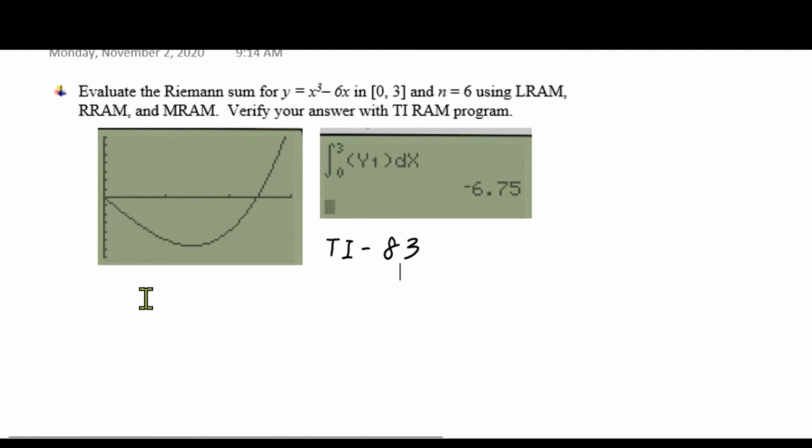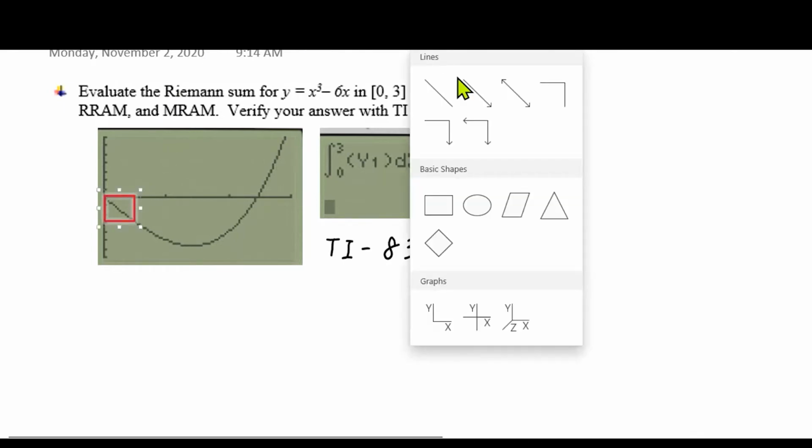I really wish I could write this thing or draw. Oh, maybe I can draw the rectangle. So imagine we are drawing the, let's say, right rectangle, and hopefully this will let me do it. If we, oh, I can draw the rectangles. Good. Imagine we are drawing the right rectangle like this.